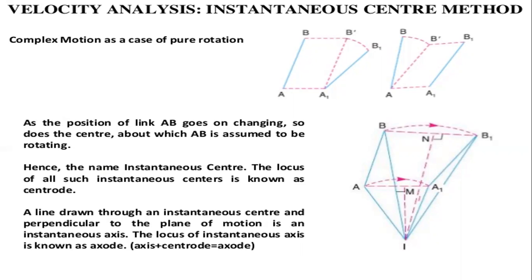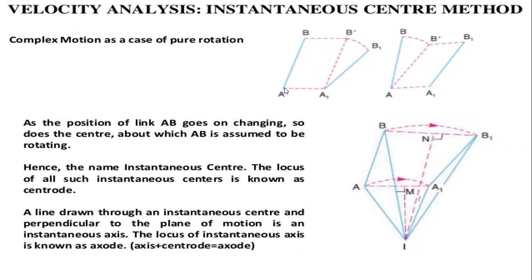So this is the link AB. AB is the link which is moving to A1 B1, which is the final position of the link AB.